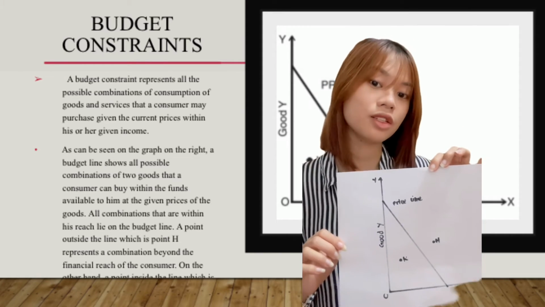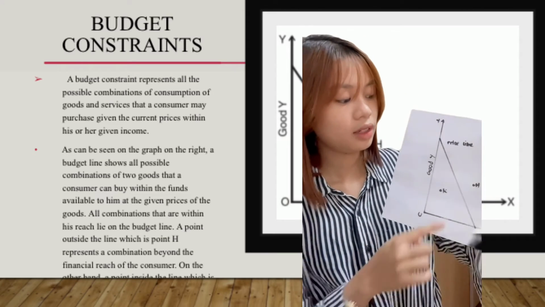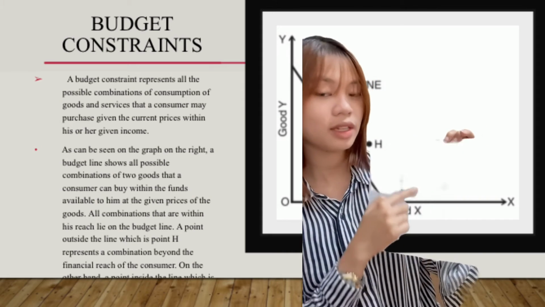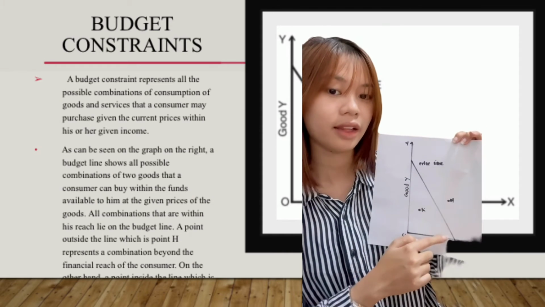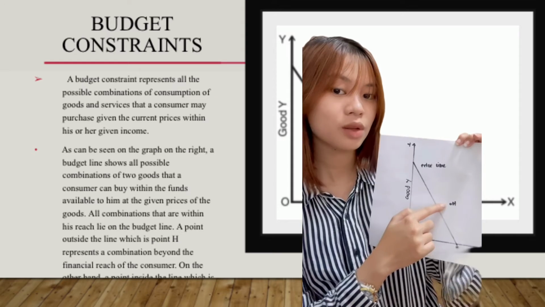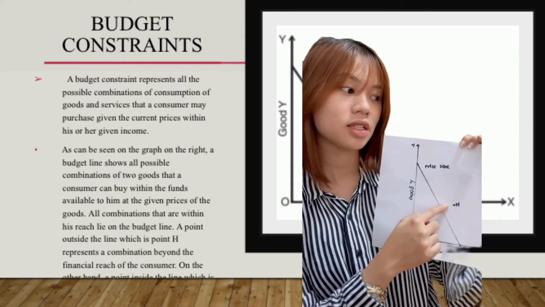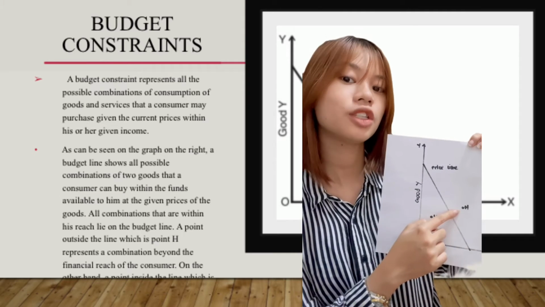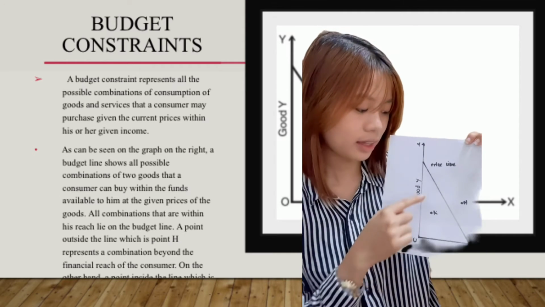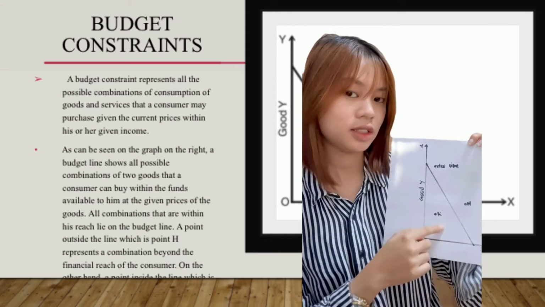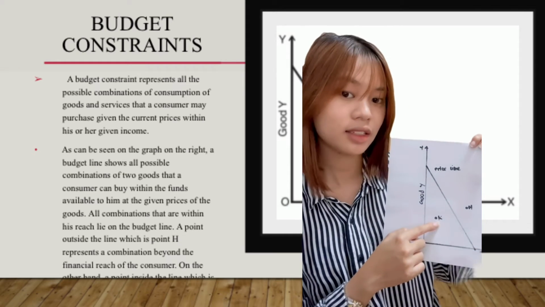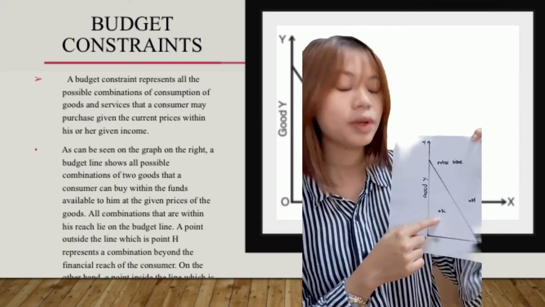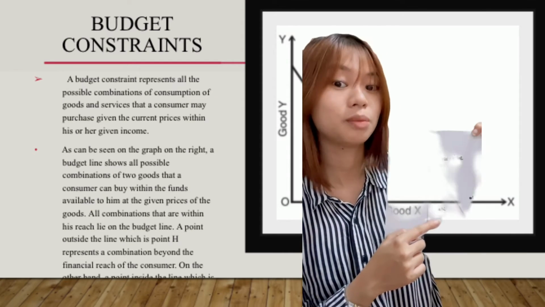So in this graph, this is the budget line, and the point outside of it represents all of the combinations beyond the financial reach of the consumer. On the other hand, the point that is inside the budget line represents underspending by the consumer.